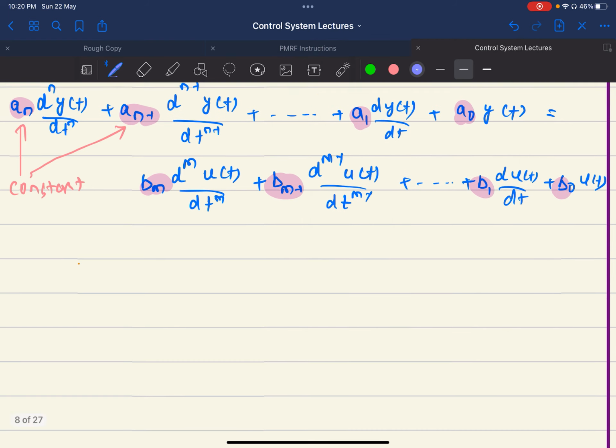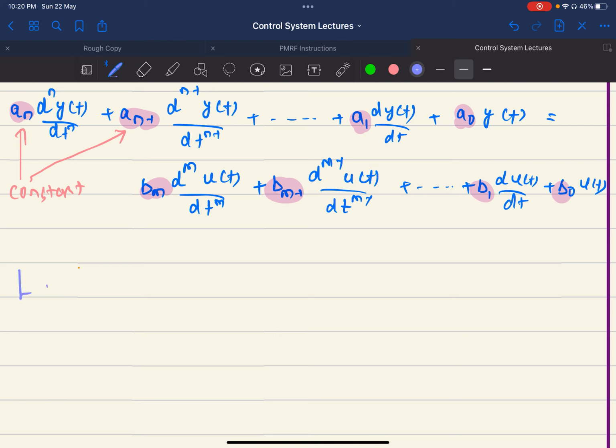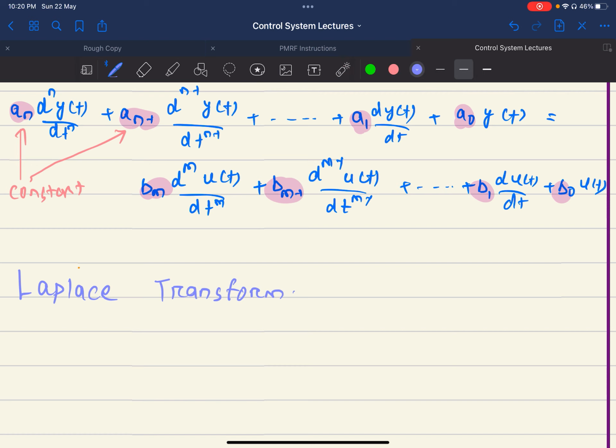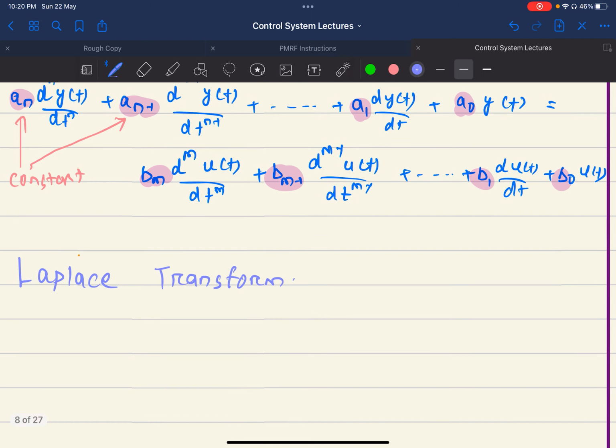To rescue this, there comes the Laplace transform. To solve this, we would definitely need integrations, because these are derivative expressions, and solving them needs integration and all, which is very complicated. That's why the Laplace transform comes to rescue you.